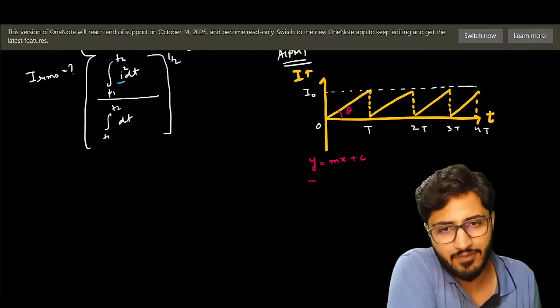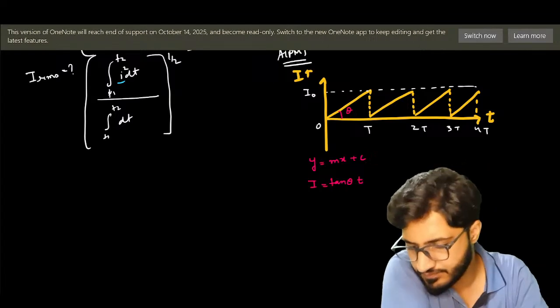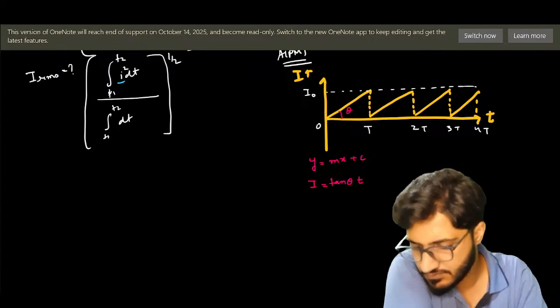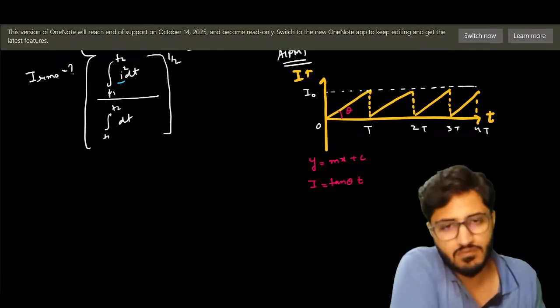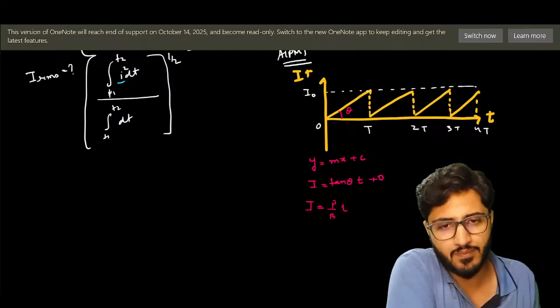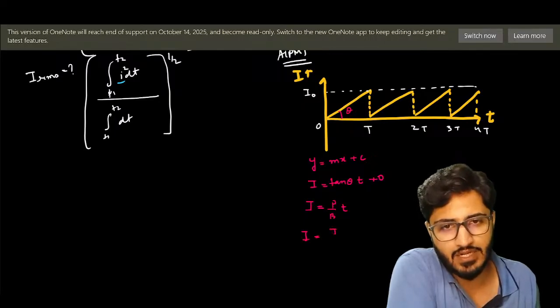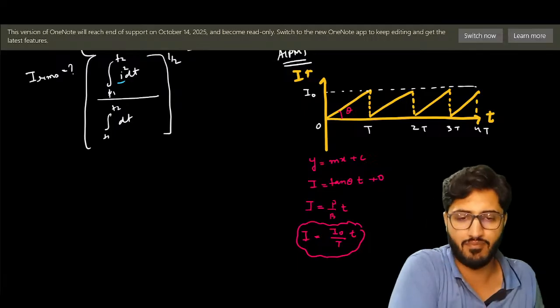It is I. m is tan theta. x is T. c is 0. Done. What is tan theta? P by B, into T. What is P, the perpendicular? It is I naught, divided by T, into T. So I got my instantaneous current.